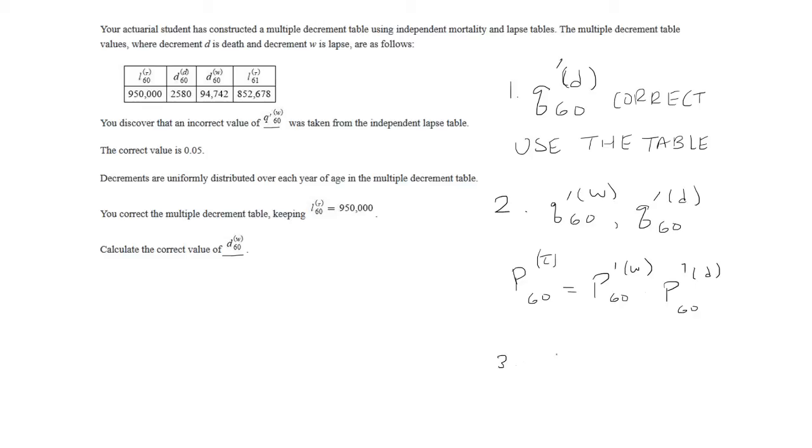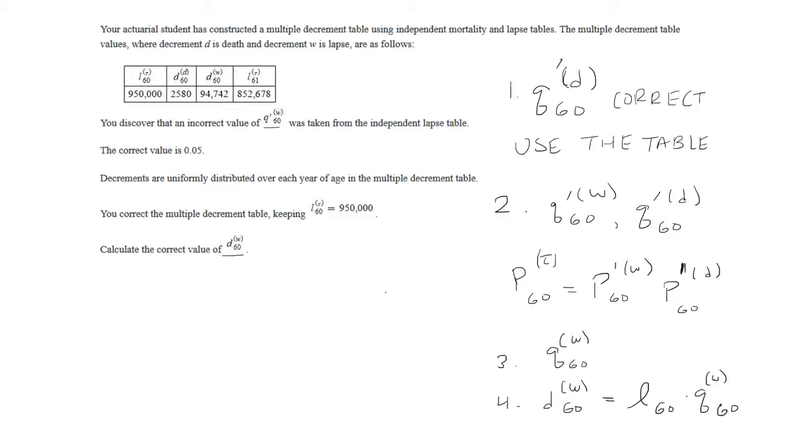And then we can find Q60 for decrement W, because the formula depends on the total probability. So that's why we need to calculate steps 1 and 2 before we can go to 3. And then finally we can find the number of withdrawals. So this step is very simple. We just take L of 60 and multiply it by the probability that we withdraw at age 60. Alright, so those are the steps that we're going to be taking.